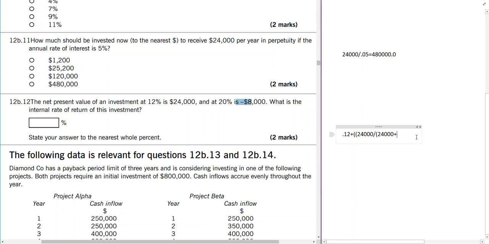So just a math rule. And then multiplying this by the higher percentage minus the lower percentage, which in this case becomes 8%. So 18%, closer to 12%, 20%. I'm absolutely happy with my answer.